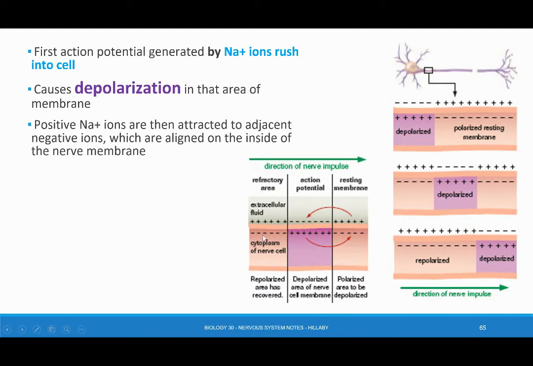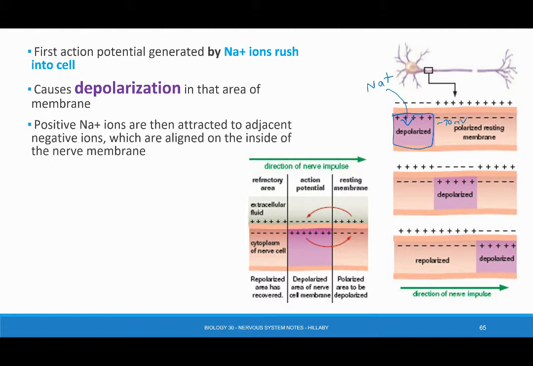So first, an action potential is generated by sodium ions rushing into the cell, like I said. That's causing depolarization. If we look over at the right-hand side, where it's purple, that's where we're getting depolarization as sodium ions are rushing in. When we look further down the axon, the membrane is still polarized, still negative 70 millivolts.